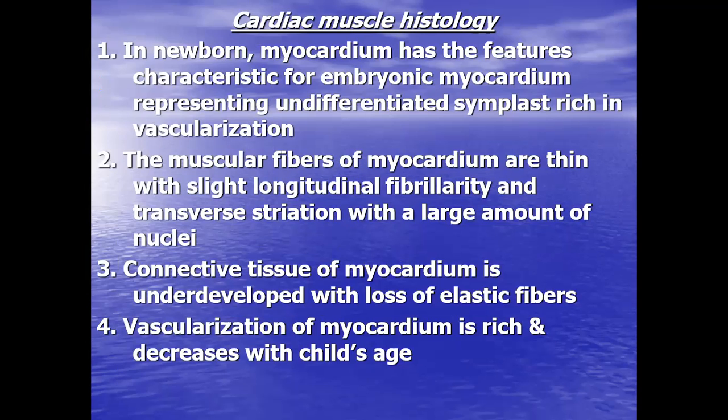In newborns, the myocardium has the features characteristic of embryonic myocardium, representing undifferentiated symplast with rich vascularization, with very thin muscular fibers, with a large amount of nuclei, and with underdeveloped elastic fibers.